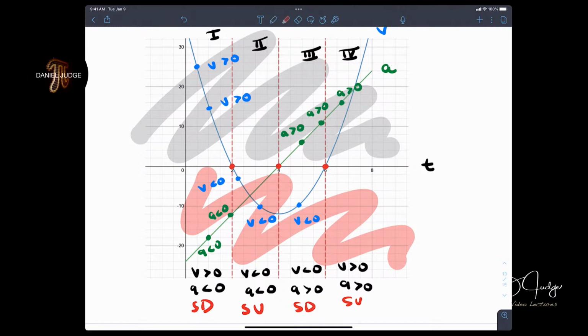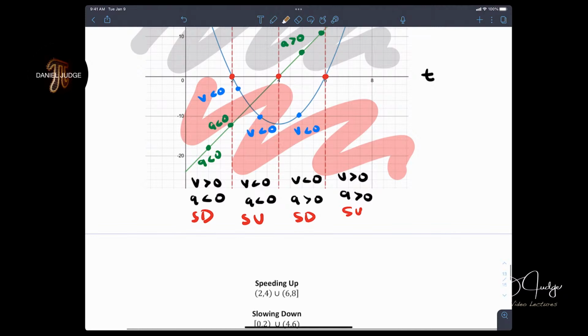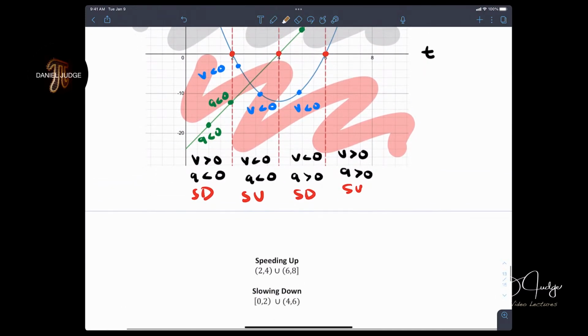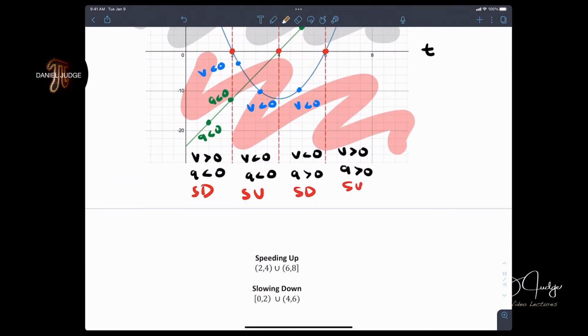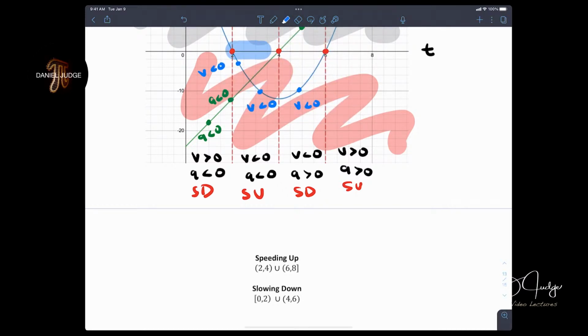So we're looking at this axis here from 0 to 8, and it's the same kind of thing. So you can conclude, looking at that axis again, speeding up is happening here. Speeding up in blue, speeding up from 2 to 4, union 6 to 8, just by looking at the curves.